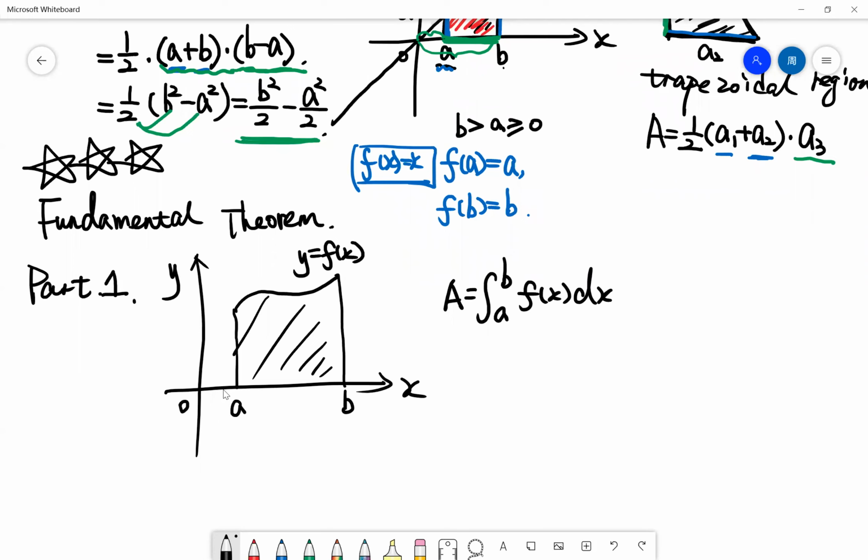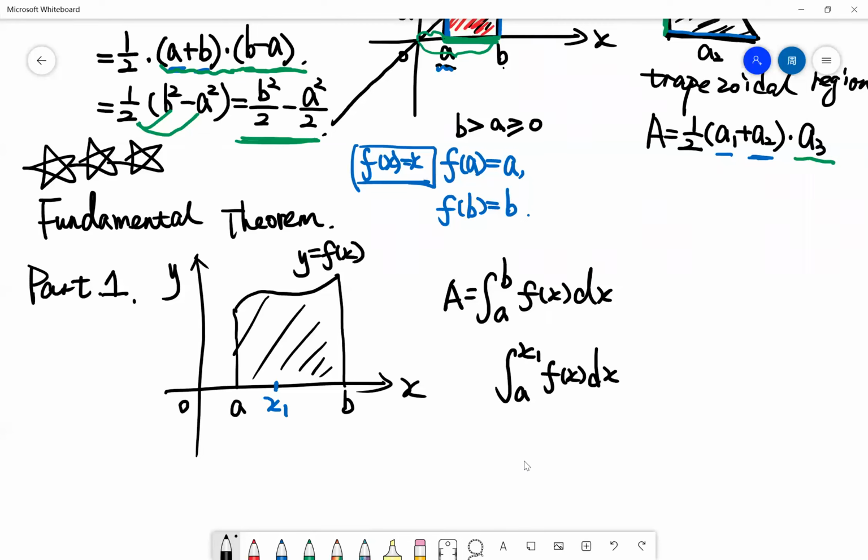And you will see if I pick a point between A and B, for example, this point, maybe I call it x sub 1, okay? And I will get a new definite integral. So I will write it again. That is from A to x1, f of x dx.